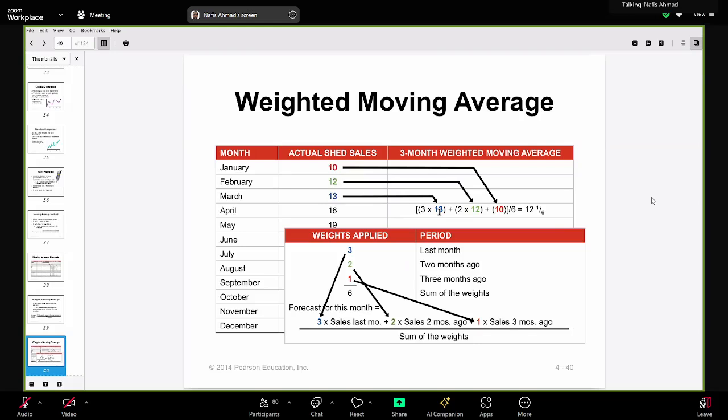Moving average and weighted moving average are very important in forecasting the demand of different products, the price of stocks in the share market, and the price of commodities like gold, silver, etc. In the market, people use weighted moving average.